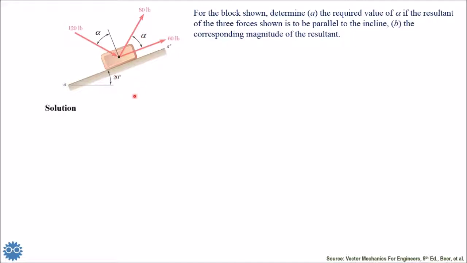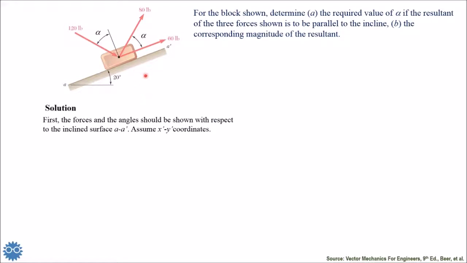It will be very complicated calculations. So in order to solve this problem, it's easier to assume a local coordinate system, where its x-axis is parallel to the incline AA prime. So we assume that we have an x prime, y prime coordinate system, as you see here.